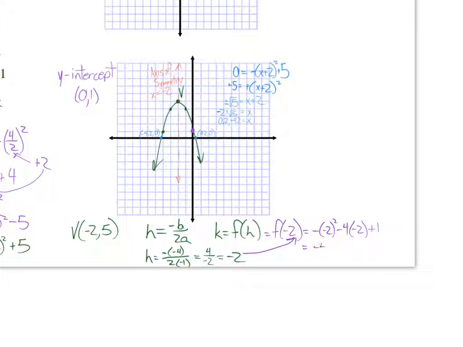So that's going to be -4 plus 8 plus 1, which equals 5. Okay? So, that's the one thing that's going to be worth memorizing here, that negative b over 2a. You'll see why here in a little bit when we get to some application.